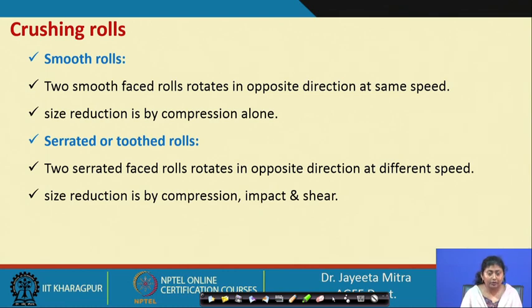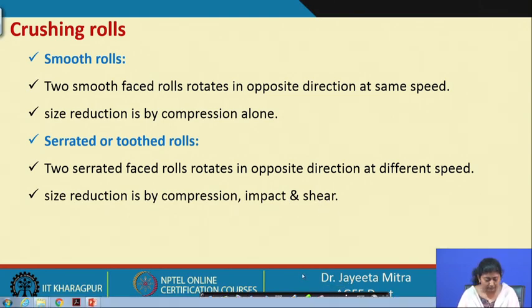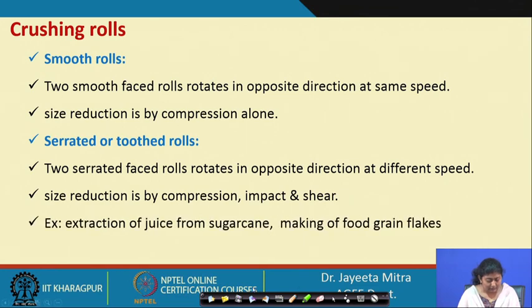For the serrated or tooth rolls, size reduction is by compression, impact, that is sudden high blow of force, and also because of the shear. For example, extraction of juice from sugar cane, making of food grain flakes. For food grain flakes we use the serrated kind of tooth rolls.